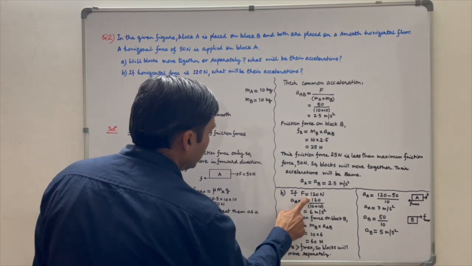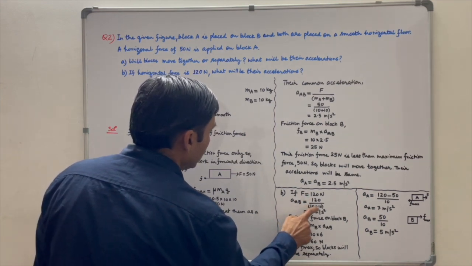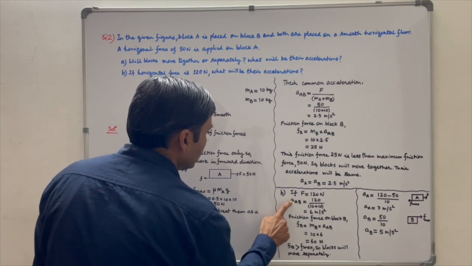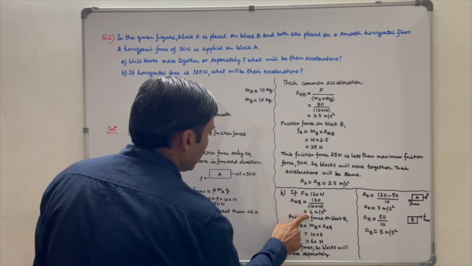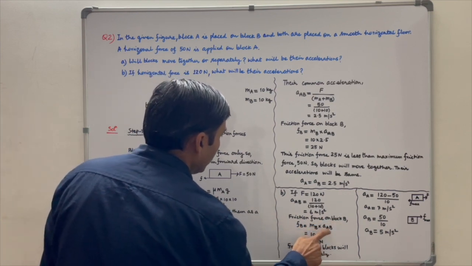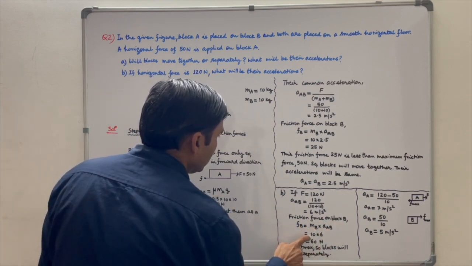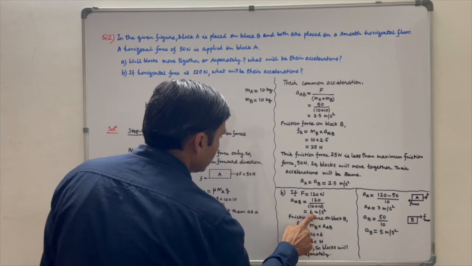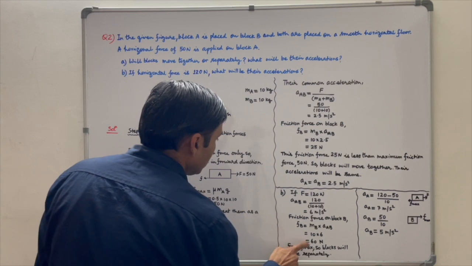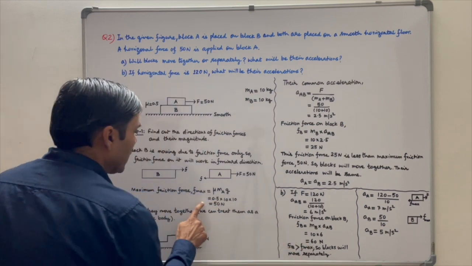F is 120 Newton, ma is 10 kg and mb is 10 kg. So common acceleration of both the blocks is 6 meter per second square. Friction force on block B will be equal to mb into AAB. mb is 10 kg and AAB is equal to 6 meter per second square. So FB comes out to be equal to 60 Newton, which is more than maximum friction.